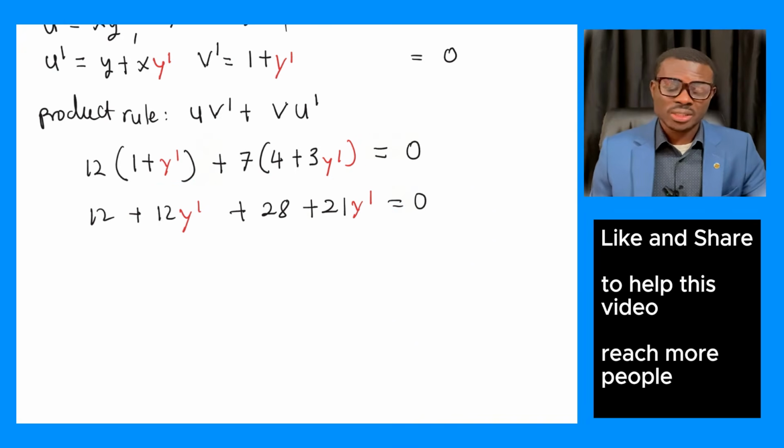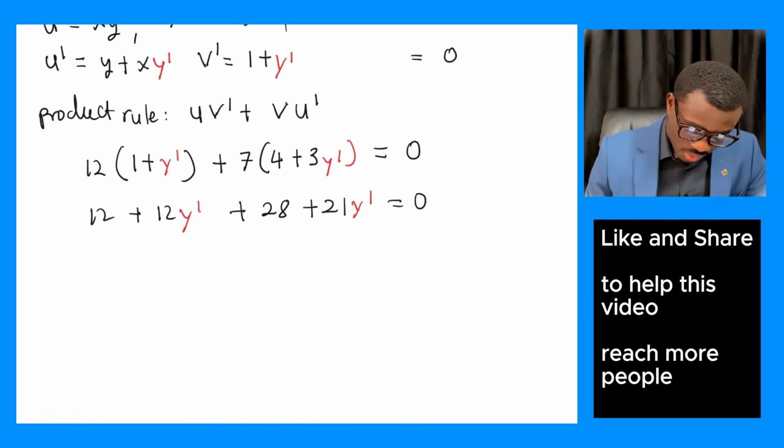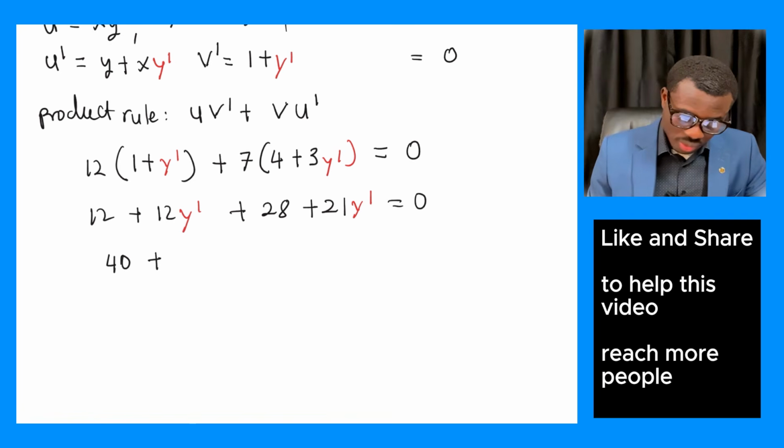When you do a visual test, you just look really fast to identify the similar terms, and you do a mental calculation. So you will have 12 plus 28 will be 40, and 12y prime plus 21y prime will be 33y prime, which is the same thing as 33 dy dx, which will be equal to 0.